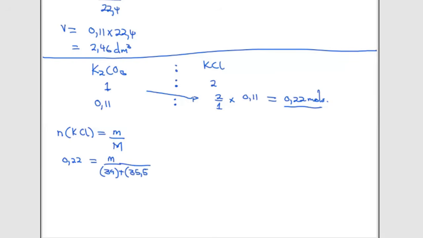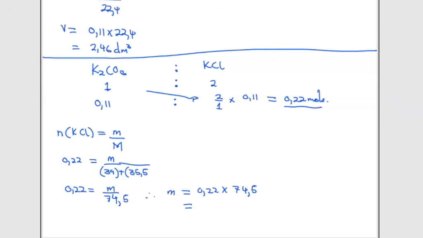Mathematically, if we were to do our math, I can just say 0.22 is equivalent to m all over, if I add these two, they're going to give me a value of 74.5, right? Therefore, for me to get the value of m, I should say m is equivalent to 0.22 multiplied by 74.5, right? So if I do my math there, I'm going to get a value of what?